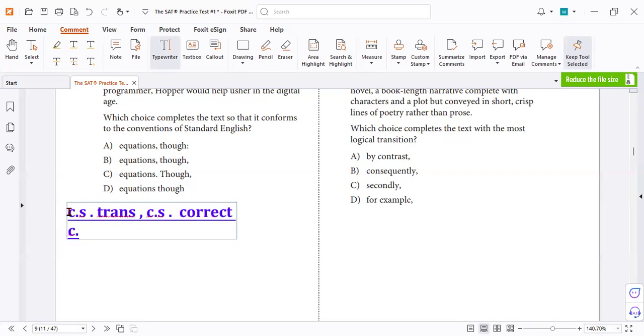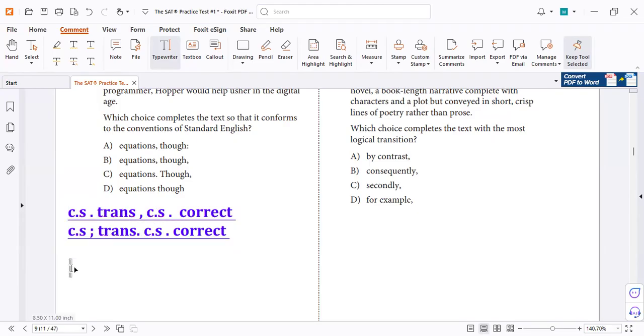It is the same rule if I use semicolon. The same. So transition word, full stop, complete sentence, full stop. And that is correct. So that means full stop equals semicolon. But remember, the transition word is at the beginning of the second sentence.